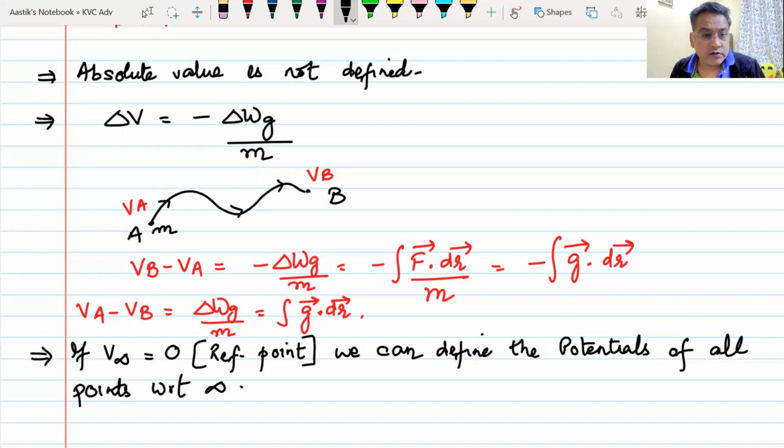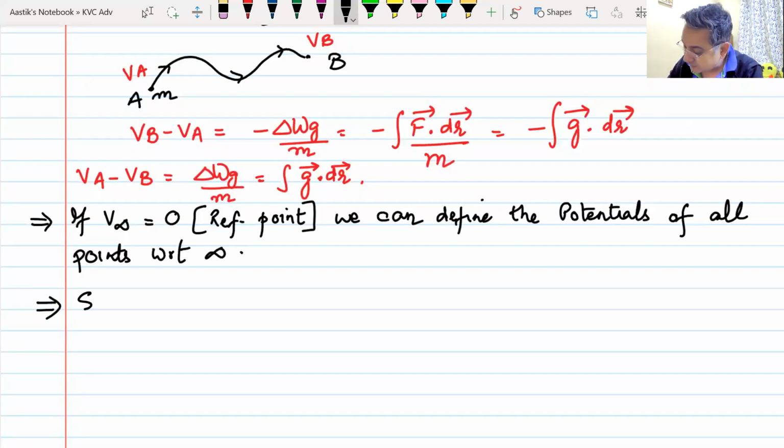Okay. Now let us understand what type of quantity gravitational potential is. It is a scalar quantity. Do we understand this? Yes, sir. Gravitational potential is a scalar quantity. What will be the SI unit?